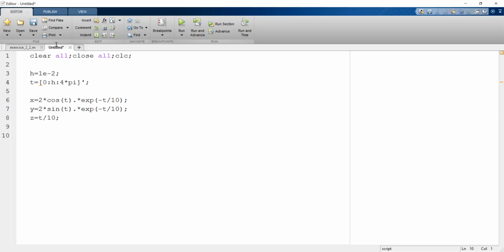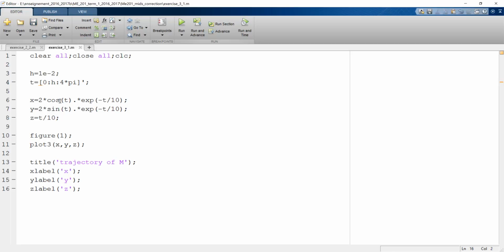To plot a contour function, we have to do it using x, y, z. After this, figure 1, plot x, y, z, title, x label, y label, z label. You can add a legend here also.